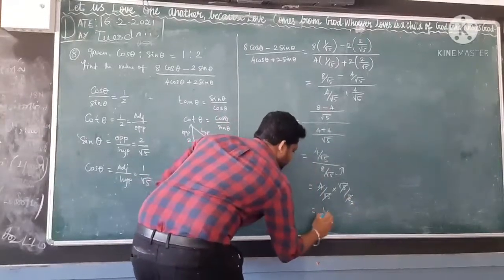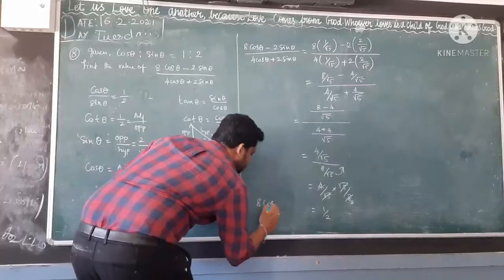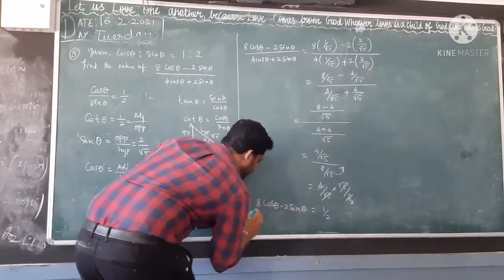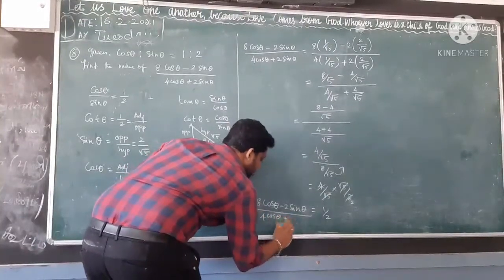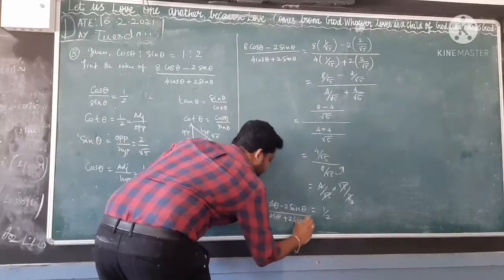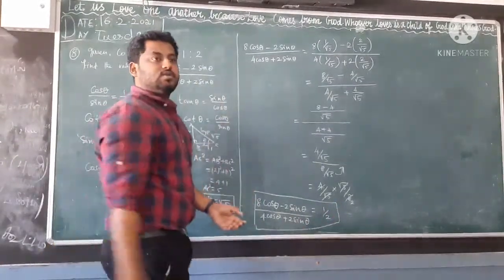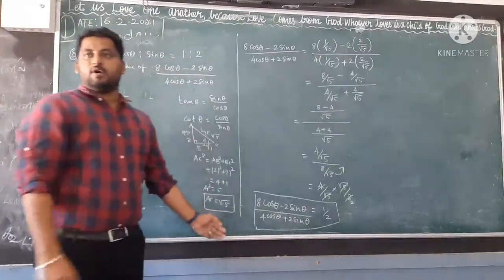This is equal to 1 by 2. So the value of 8 cos theta minus 2 sin theta divided by 4 cos theta plus 2 sin theta is 1 by 2. Is there any doubt?